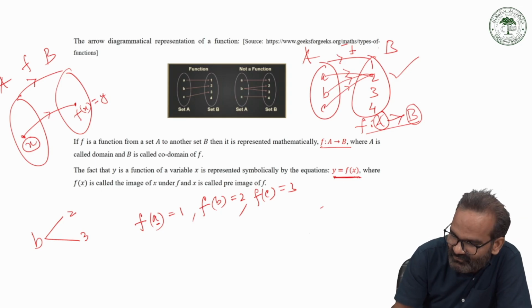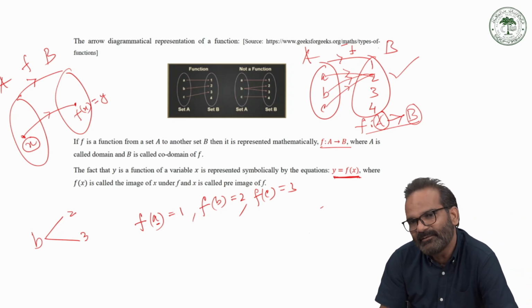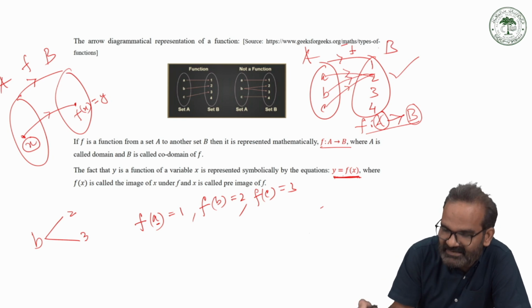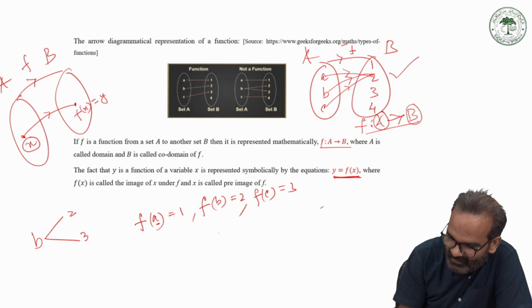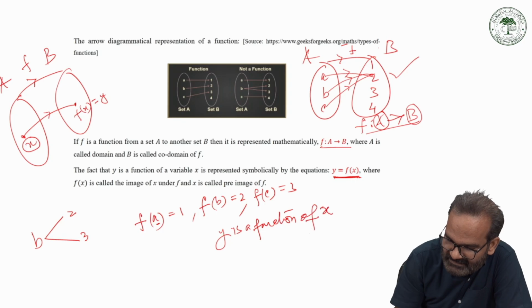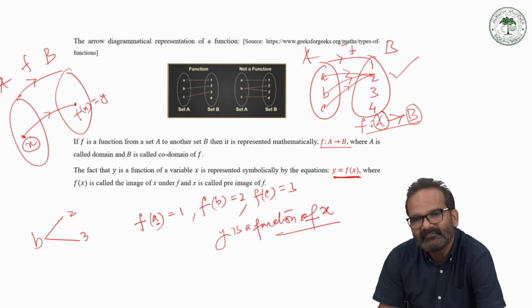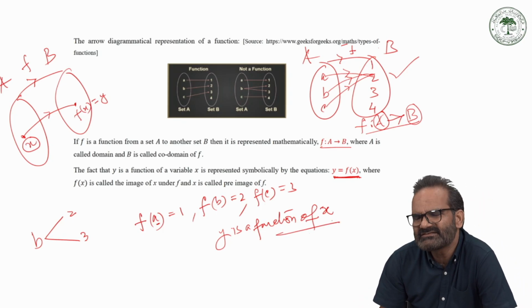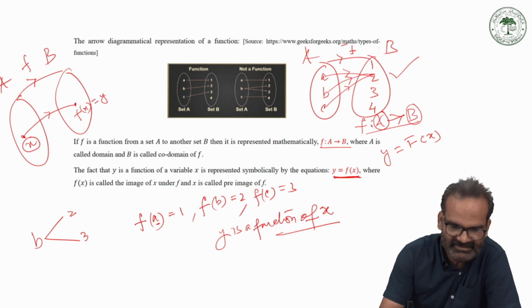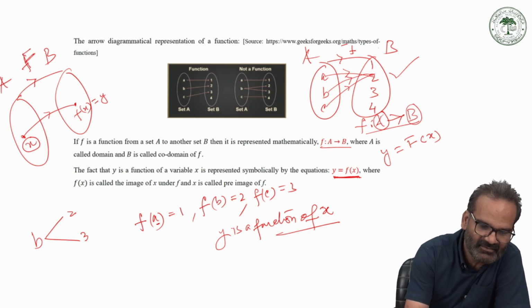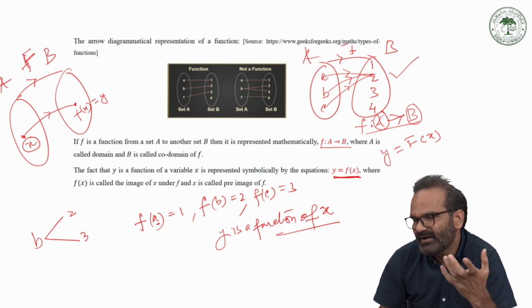So this equation y = f(x) is very important. This is how we write y = f(x), and how we read it: y is a function of x, right? There are many ways to write it like this. We can also write y = F(x), if we take capital F. It depends upon how we are denoting the function.